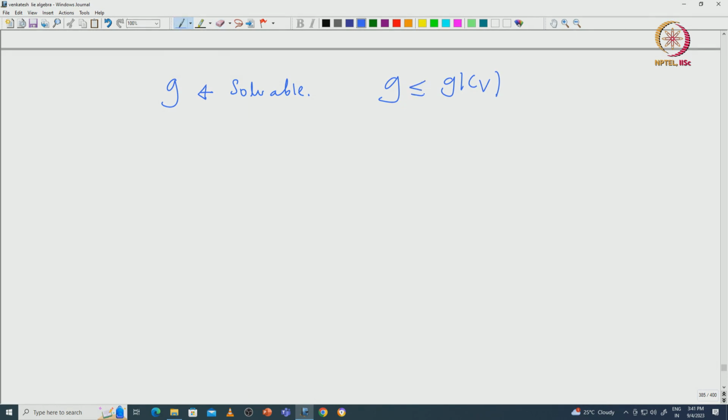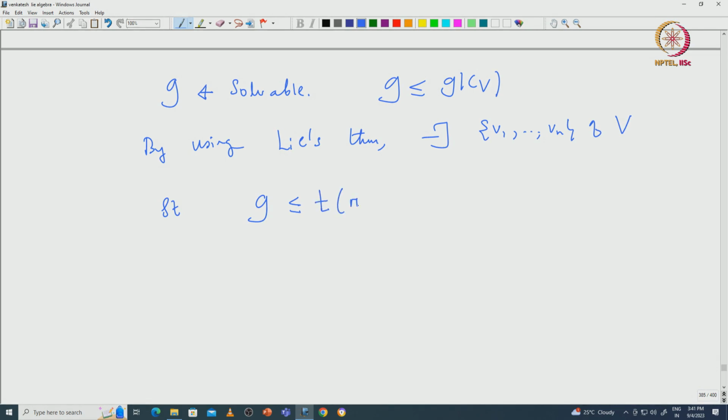Then by using Lie's theorem, there exists a basis v_1, etcetera, v_n of this capital V, such that this G is sitting inside the upper triangular matrices T(n, C). Okay. This is all upper triangular matrices. So, this is what we have seen using Lie's theorem.